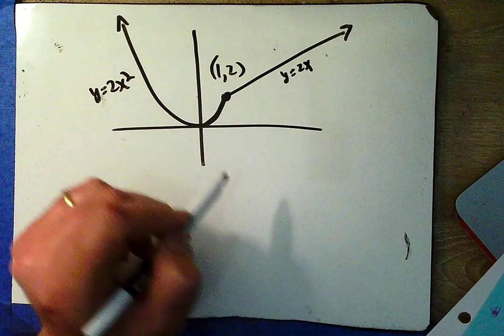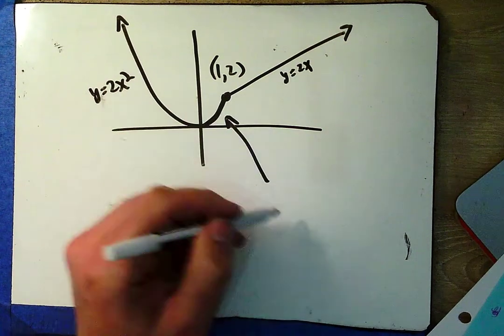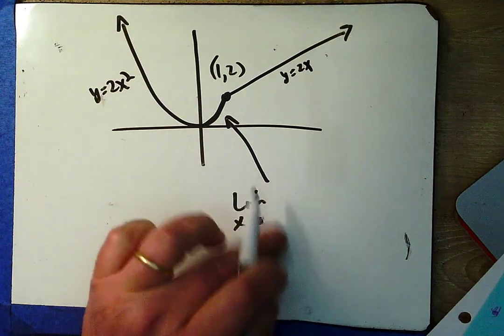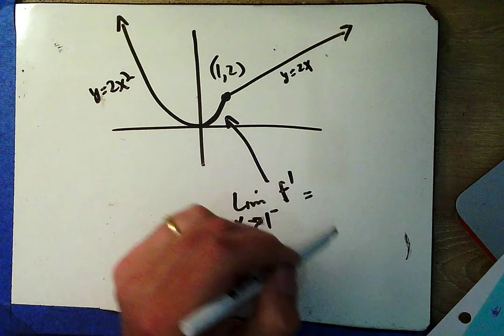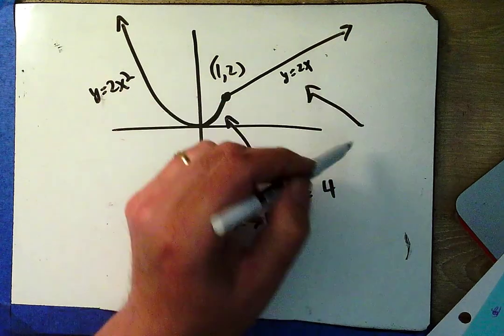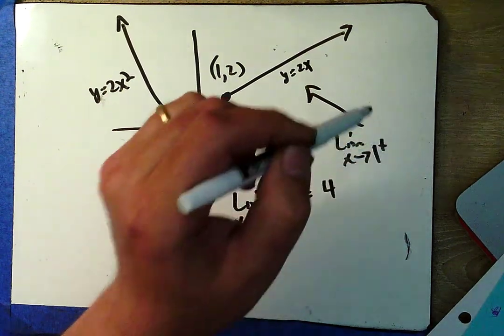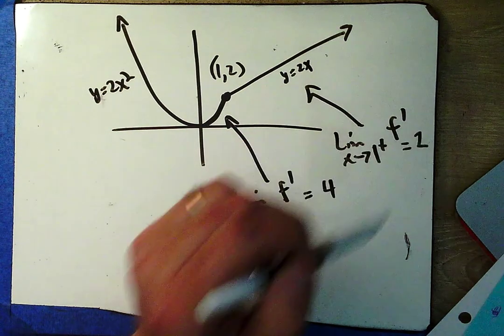And what I see here is the slope from this side, the limit as x heads to 1 from the negative side of f prime of x. This slope here is 4, whereas over here, the limit as x approaches 1 from the positive side of f prime of x, that limit is equal to 2.